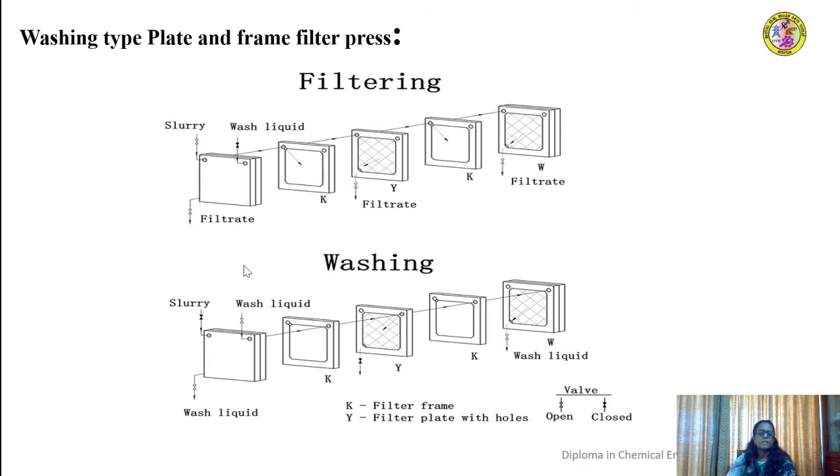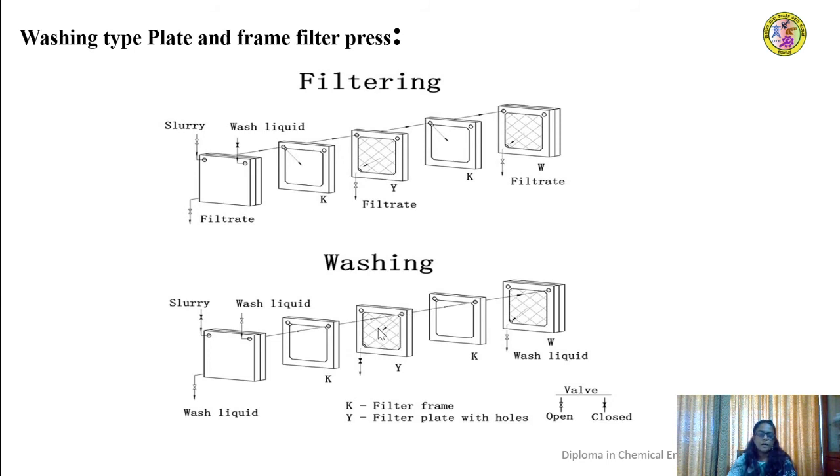Then you can shut off the slurry, so you can close the slurry inlet. Then you can open the wash liquid inlet, from which the wash liquid flows through this space. During the wash liquid flow, the slurry flow will not be there because you will keep that valve closed. The wash liquid enters here, flows here, and when it comes to the three button plate, it enters from behind the filter cloth.